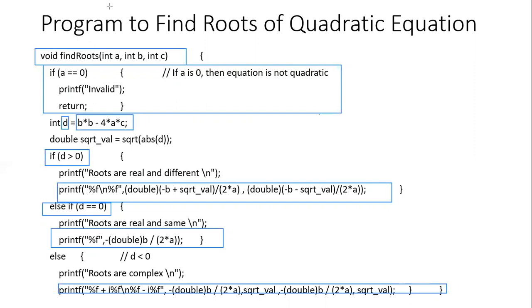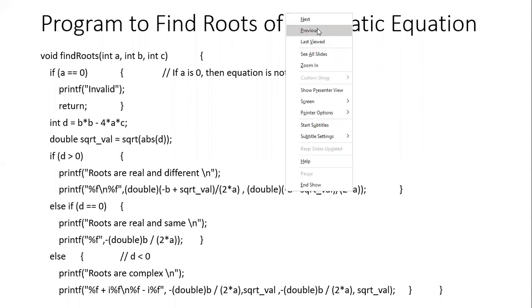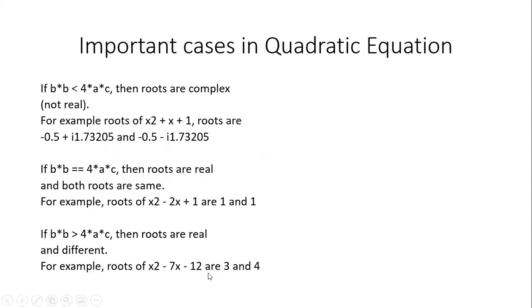And then there are three conditions: it is either greater than 0, equal to 0, or less than 0. Now what to do if it is greater than 0, less than 0, or equal to 0? That has been given in the last slide, as you can see here. The three cases have been discussed, what you are supposed to do.